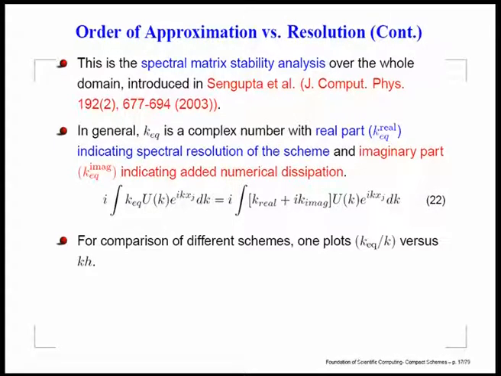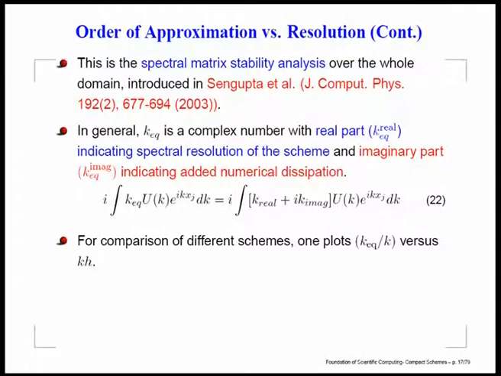Now, the second point that you need to notice, that this k equivalent that you are obtaining is essentially a complex number, right, with the real part. The real part will be giving you what? So, here also I would be writing some k equivalent. Okay.